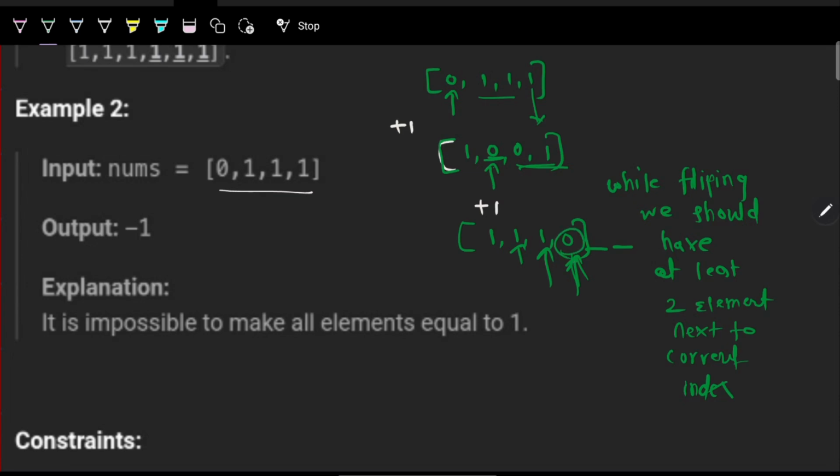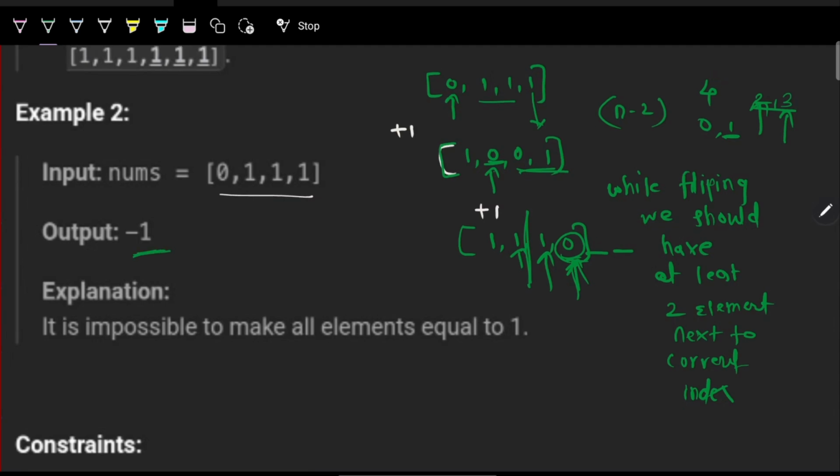So in that case, we will iterate only till n minus 2 indexes, because if there are 4 elements, I will go for the 0th and 1st index, since the 2nd and 3rd will be required for the flip. I will not go here, and at last I will check whether this index is 0 or this index is 0. It means it is impossible. So you can see in this case there was a 0 at the last index, so it is impossible. That's why the output for this test case is -1.